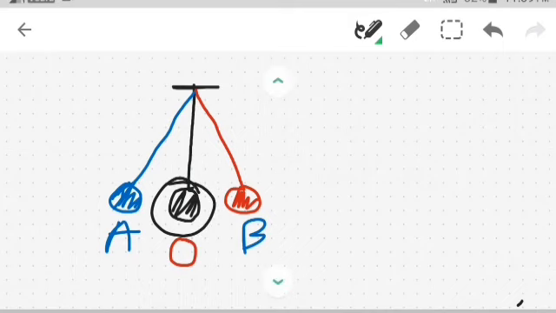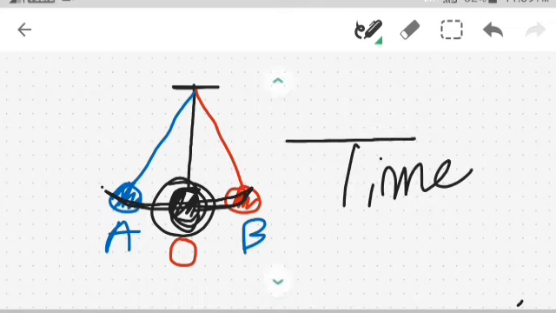First it goes there, and again it goes back. From the starting position to the other side and back to the starting position, this is a complete oscillation. So the time taken for one complete oscillation is called time period.